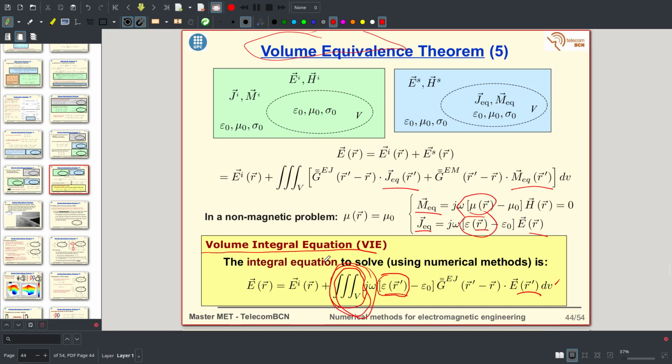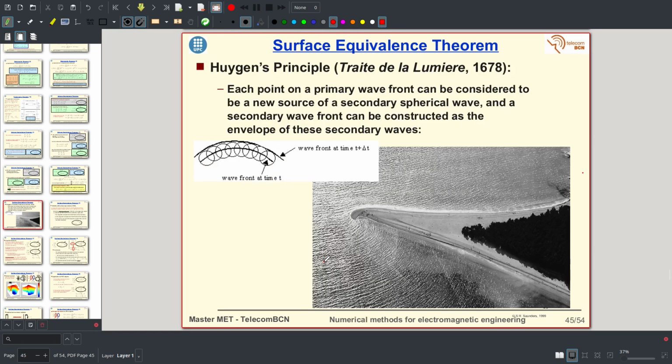But there is another formulation of the equivalence theorem that is called the surface equivalence theorem, that is in fact more useful for numerical methods because it involves the definition of the object in a surface.